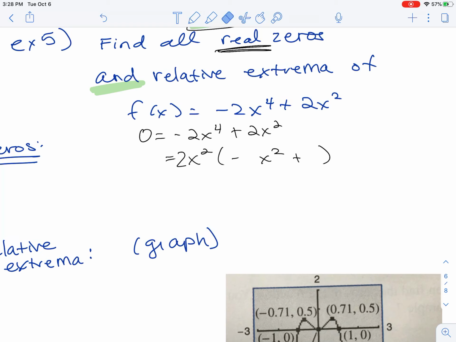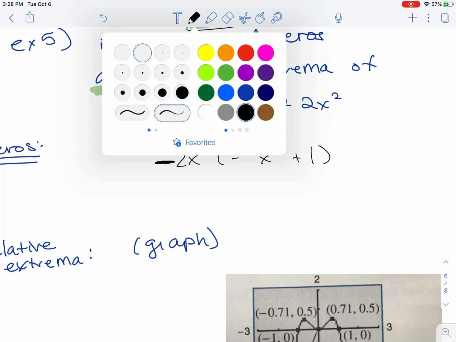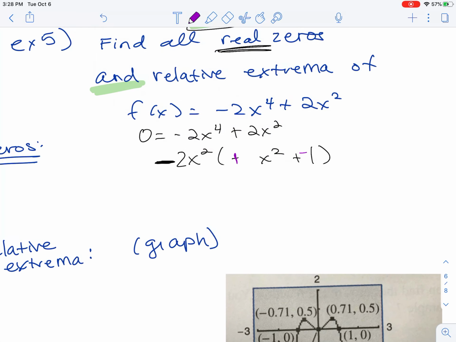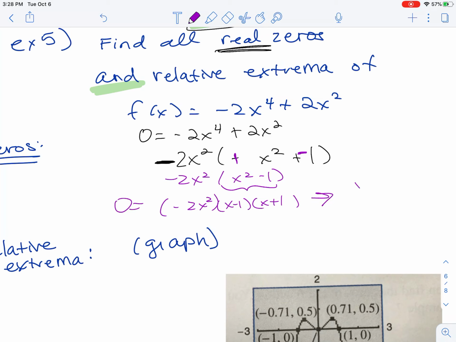Actually, I could have pulled out a negative 2 from both of them, and this becomes x squared minus 1, which I know is a difference of two squares. So this becomes x minus 1, x plus 1, and that's a factor as well. Once we have that, our zeros are going to be 0, positive 1, and negative 1.